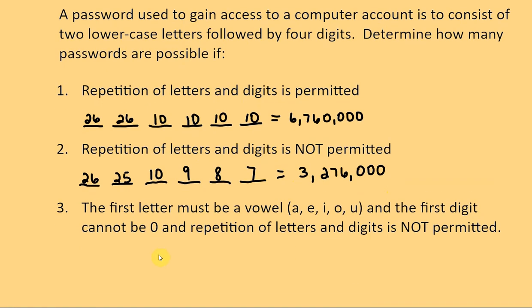In the last example, it says the first letter must be a vowel and the first digit cannot be a 0, and repetition of letters and digits is not permitted. We're still going to have the same number of characters, so 2 letters and 4 digits.